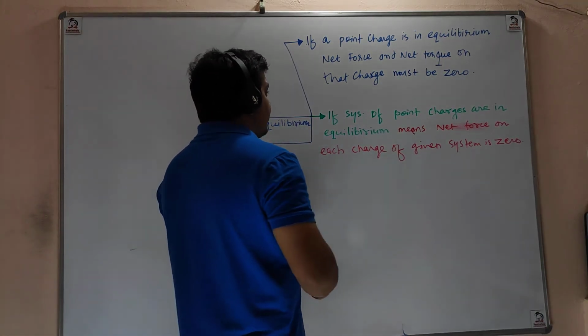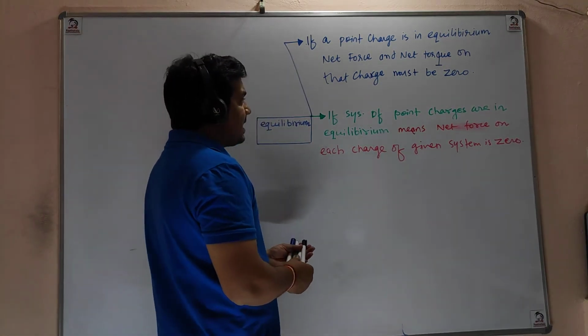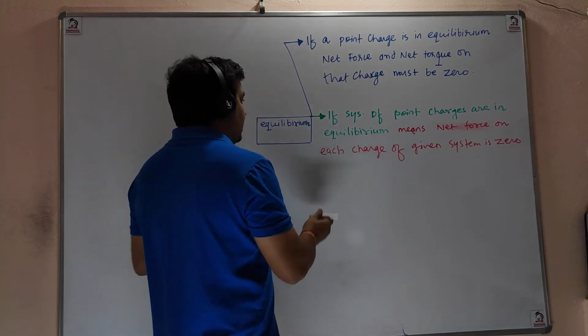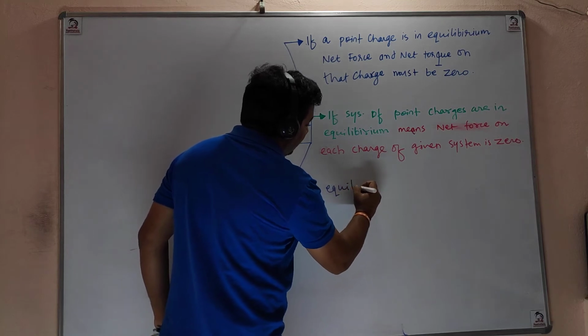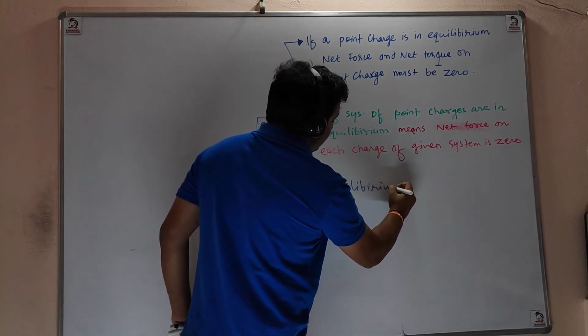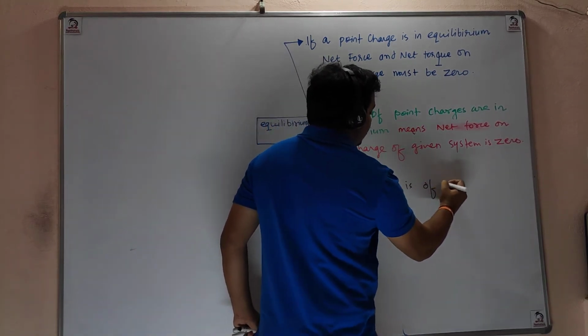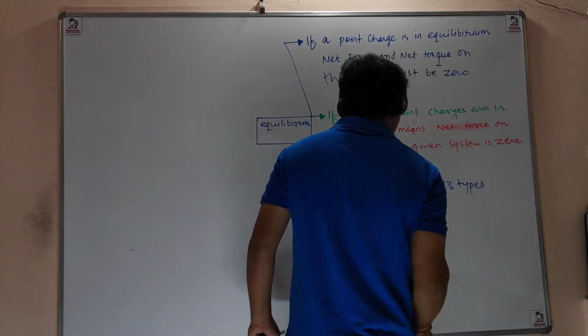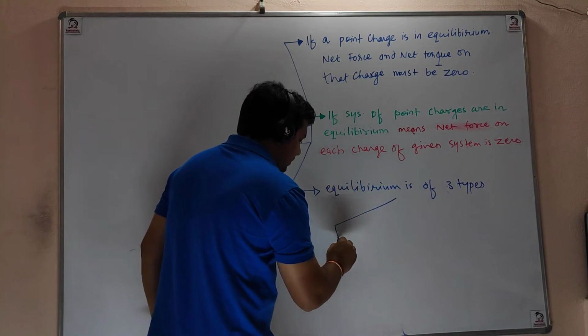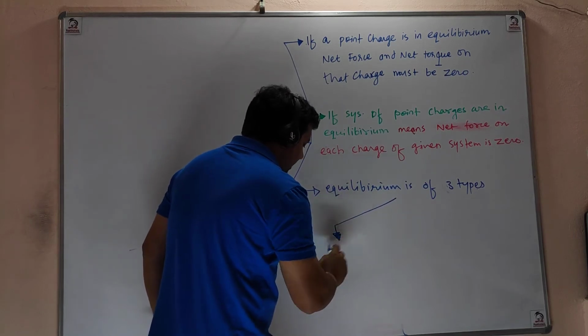Okay. So now we talk about the types of equilibrium. Equilibrium is of three types. First, stable equilibrium.